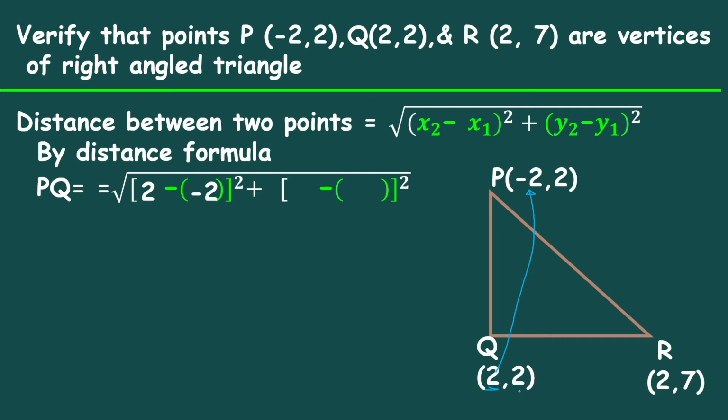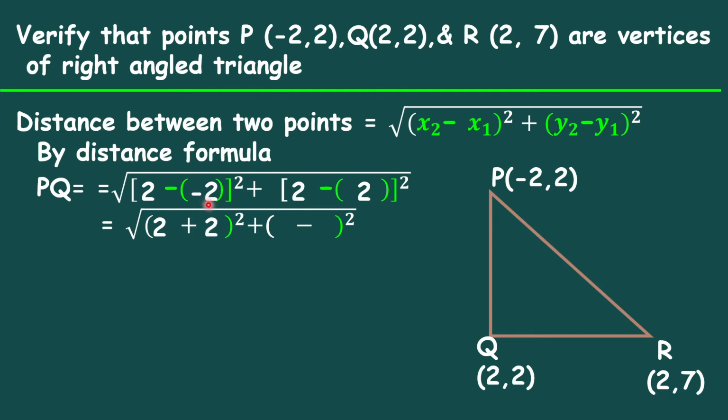The y coordinate of point Q is 2, minus into bracket the y coordinate of point P is how much? 2, bracket complete, its square. Now we have to simplify this. Is equal to root of 2 as it is, minus into minus becomes plus 2, bracket complete its square, plus here 2 as it is, plus into minus becomes minus 2, its square.